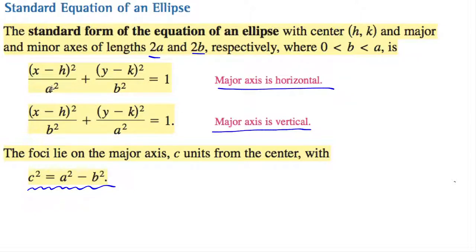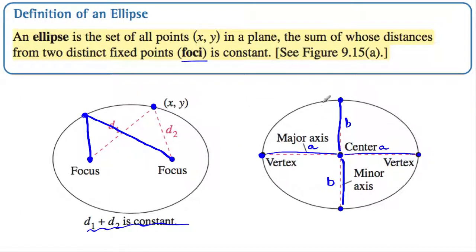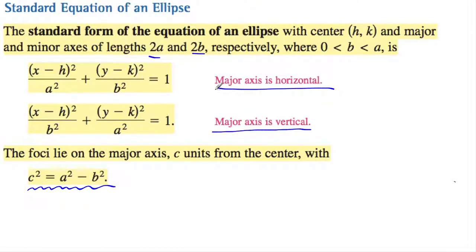The only difference is that the a and the b switch. If you think that b is the minor axis and a is the major axis, when the major axis is horizontal, it's paired up with x. When the major axis is vertical, like this, it's paired up with y. And that's just a nice little way to know the formula there.